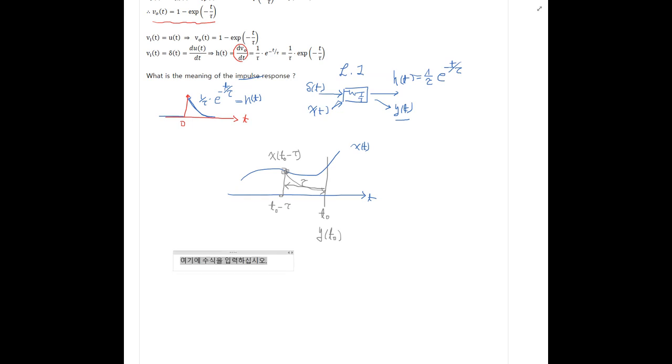Here x(t), see that, delta function. These delta functions can be written here. So I would like to make a delta function here.